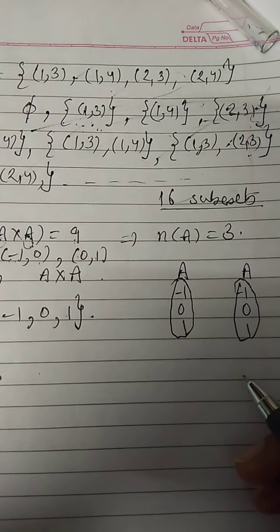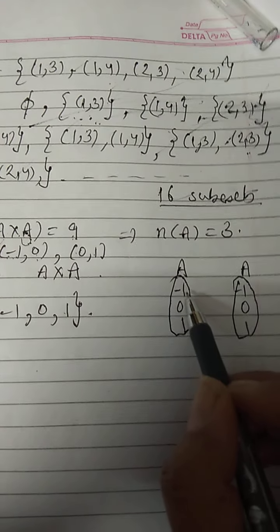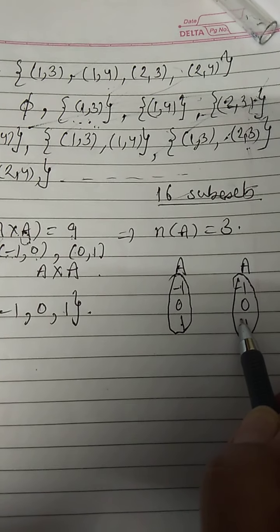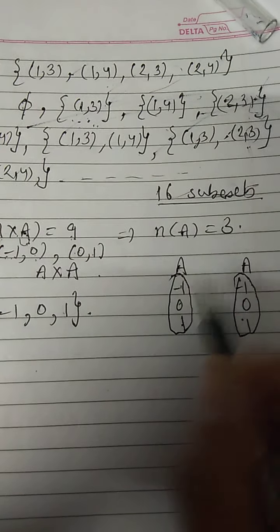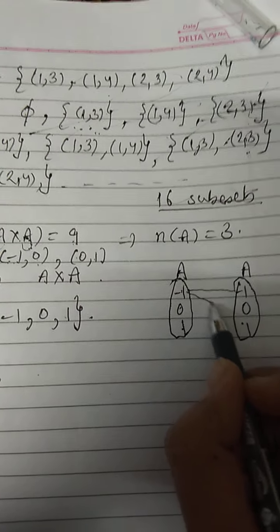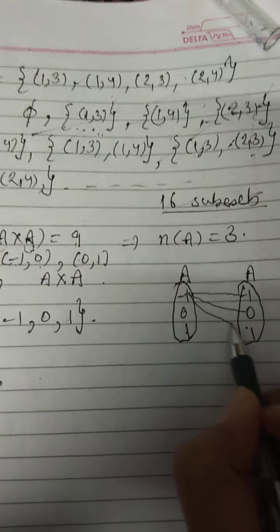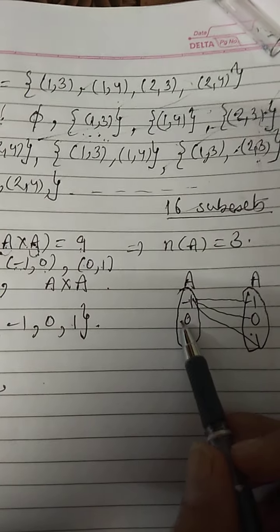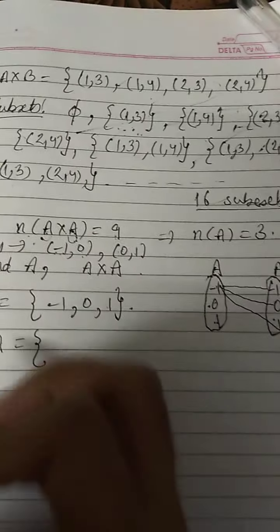So what we are going to do? We are taking all the possible combinations of each element of set A to every element of another set A. Both are the same. So the first ordered pairs will be (-1, -1), then (-1, 0), then (-1, 1). Similarly, all the possible combinations with element 0 and then with element 1, right?